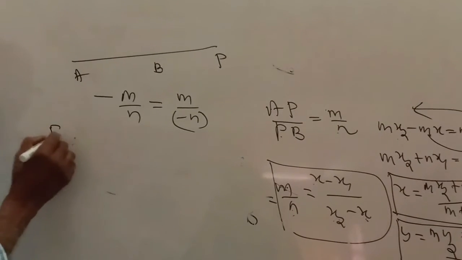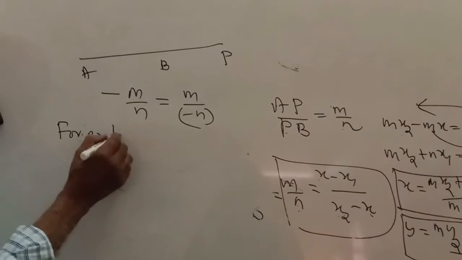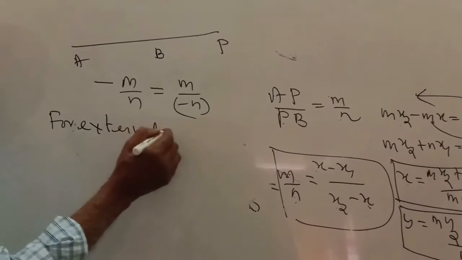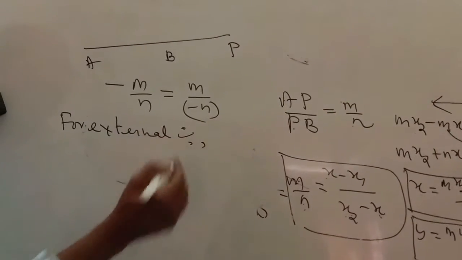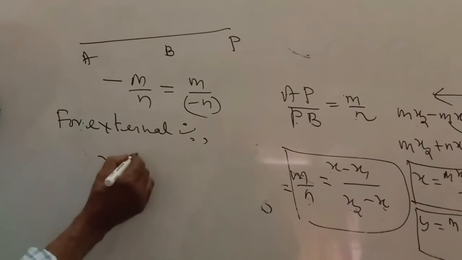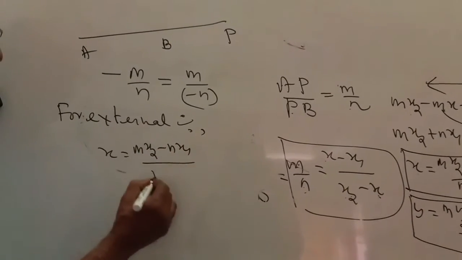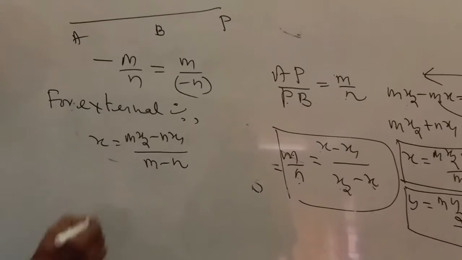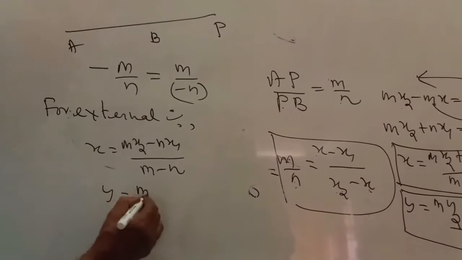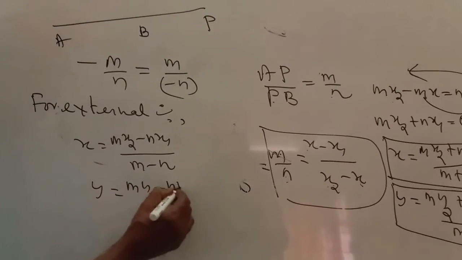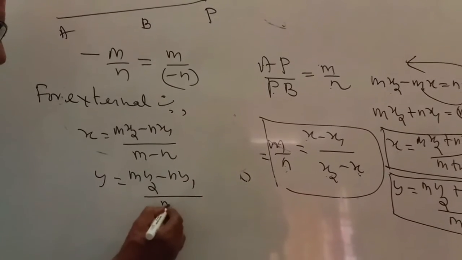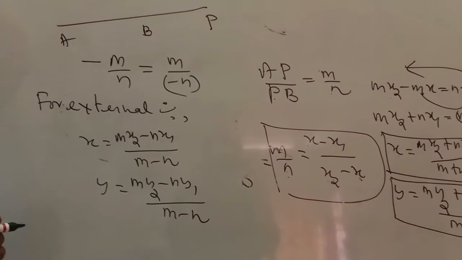So for external division, x will be (mx2 minus nx1) by (m minus n). Y will be (my2 minus ny1) by (m minus n).